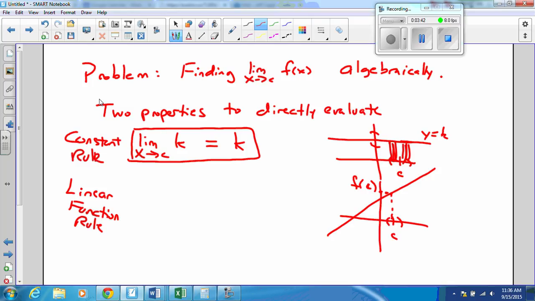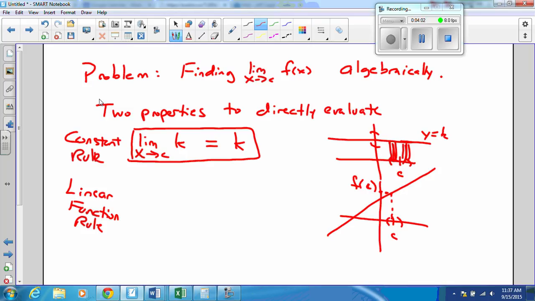In other words, we can evaluate the limit of a linear function by directly plugging in. Why? Intuitively, because linear functions are continuous, and therefore what happens at that point matches what happens around the point c.